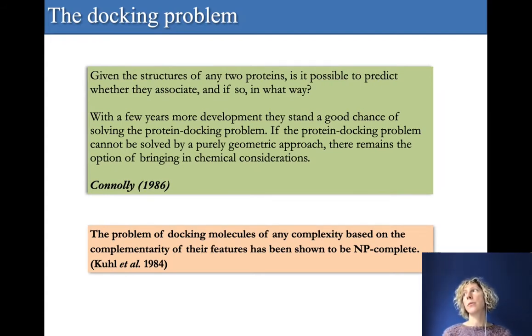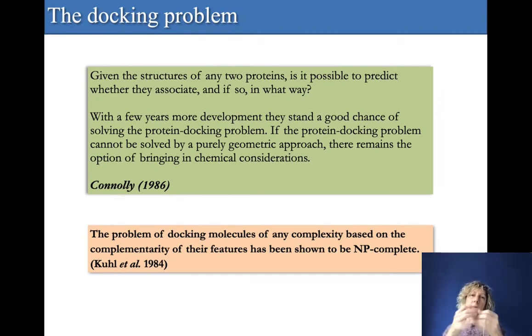Docking algorithms have mainly focused on answering the second question, in what way. So a typical docking algorithm will take two proteins as inputs, knowing that they interact in some condition, and the algorithm will try to find the optimum position and orientation of the two proteins with respect to each other.